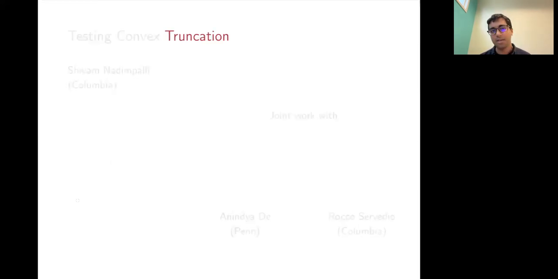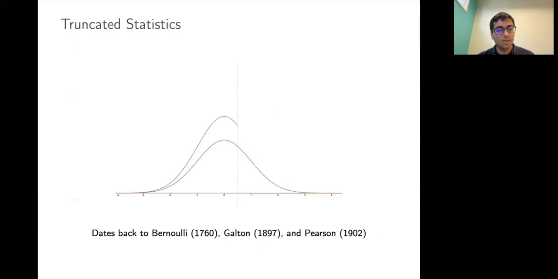So coming to the title of my talk, it's about testing convex truncation, and in particular, it's going to be about truncated statistics, like the title suggests. This is a super well-studied, well-established field, dating all the way back to luminaries like Bernoulli, Galton, and Pearson. Informally, it deals with distributions where some kind of truncation has taken place.